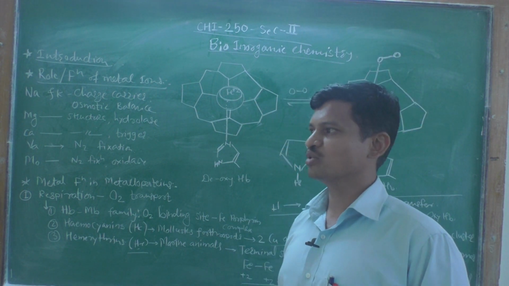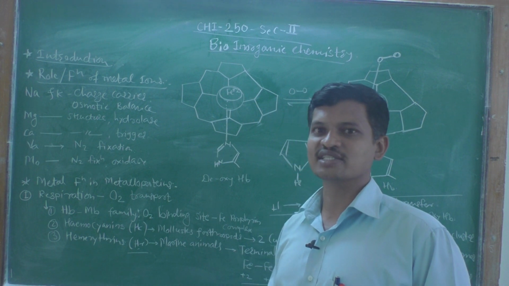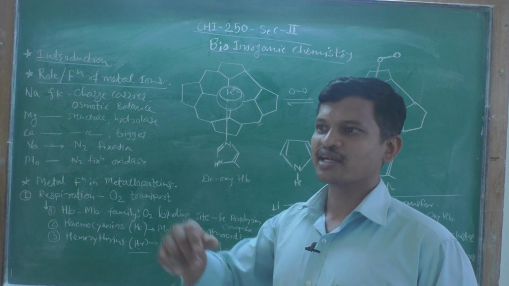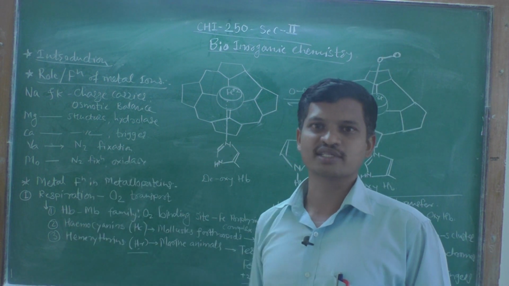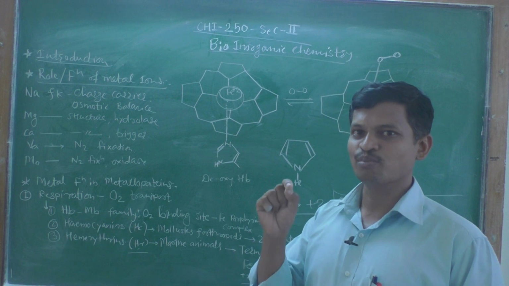We know the deoxyribose nucleic acid DNA and ribose nucleic acid RNA. These are the two main nucleic acids responsible for the transfer of structural information from one generation to another, and hence zinc metal ions play a very important role.